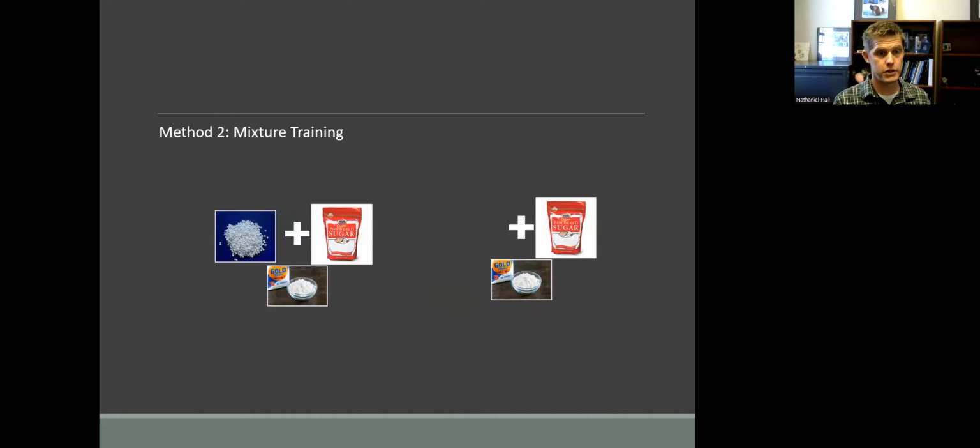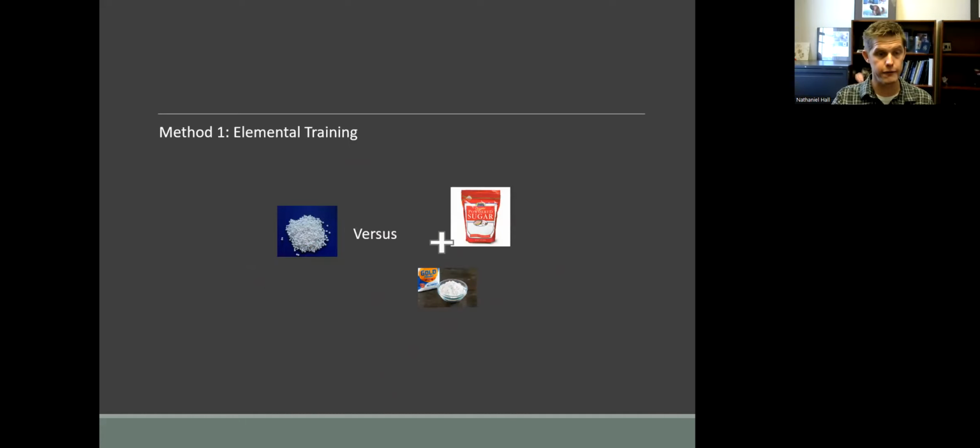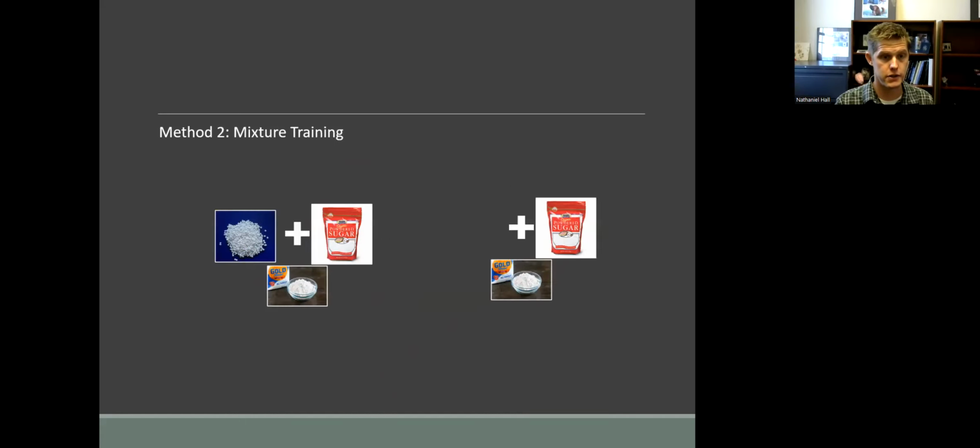We compare this to our mixture training method, in which we train the dogs to a mixture that includes ammonium nitrate, where the distractors would be the same distractors mixed together, but without ammonium nitrate. So pure ammonium nitrate versus distractors, or ammonium nitrate in mixtures versus distractors.